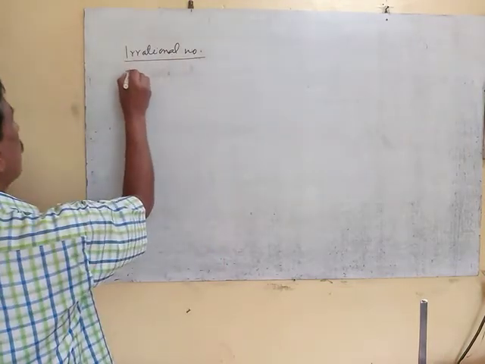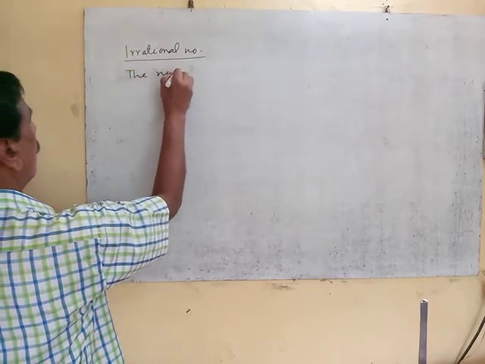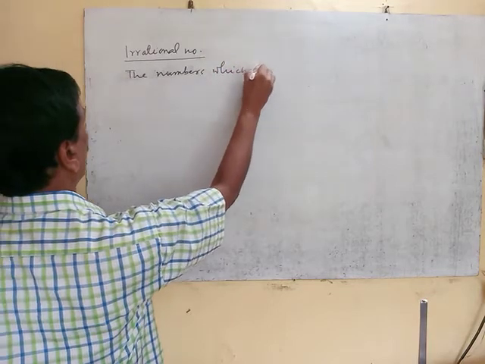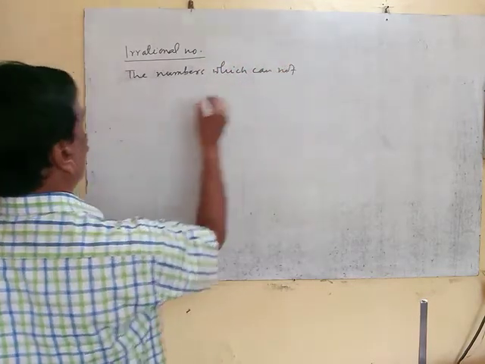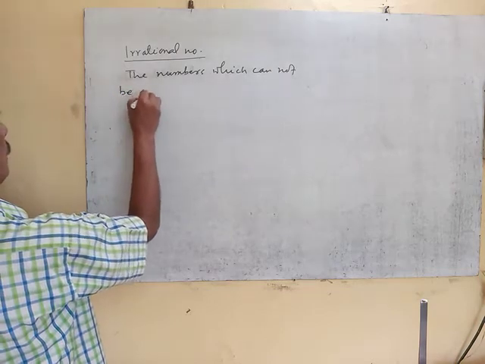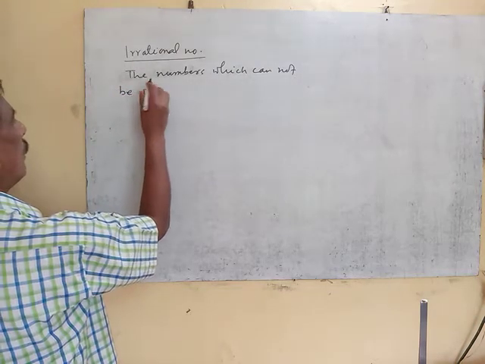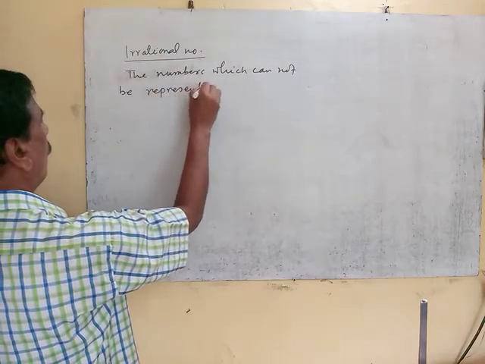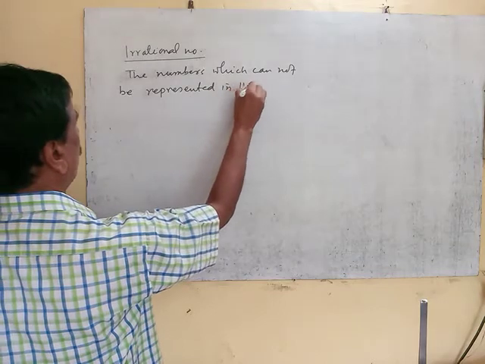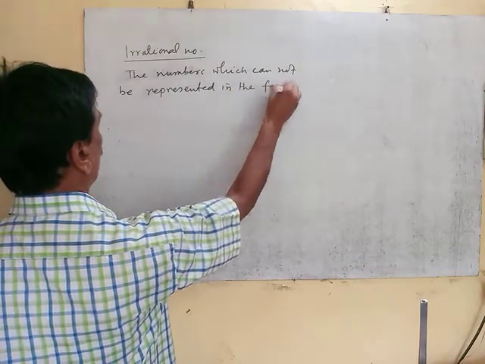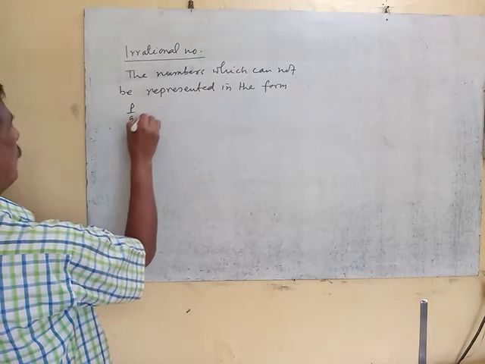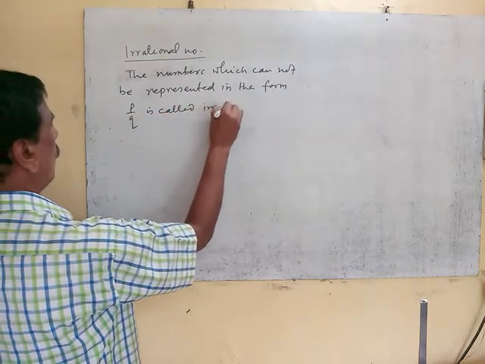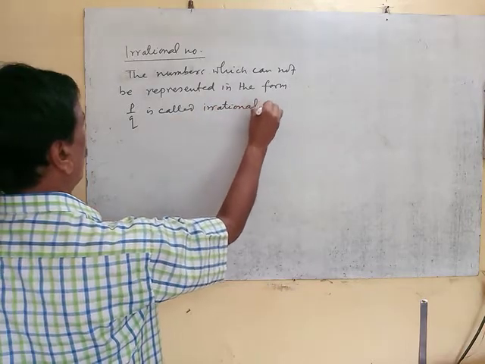The numbers which cannot be represented in the form p by q are called irrational numbers.